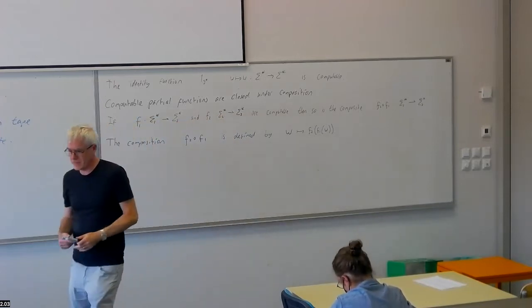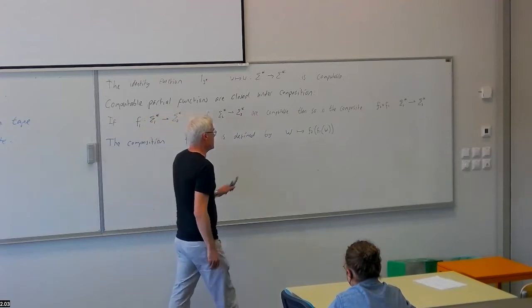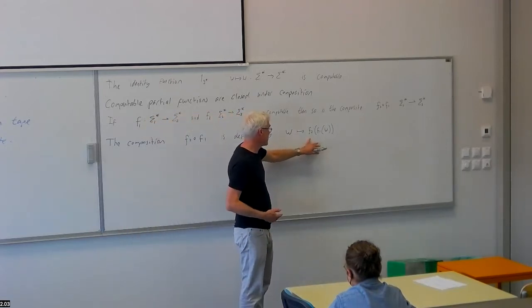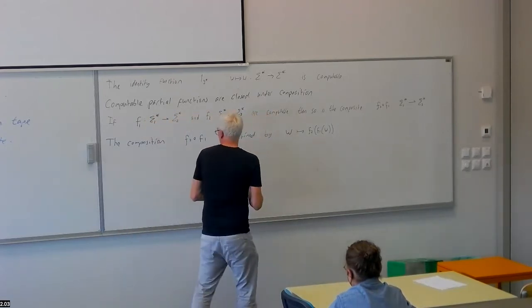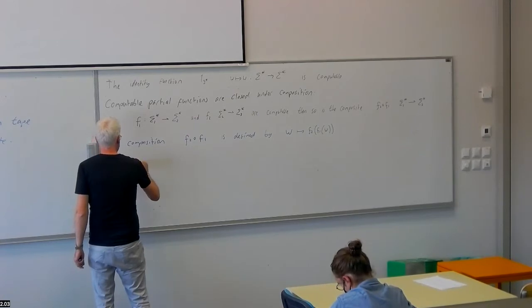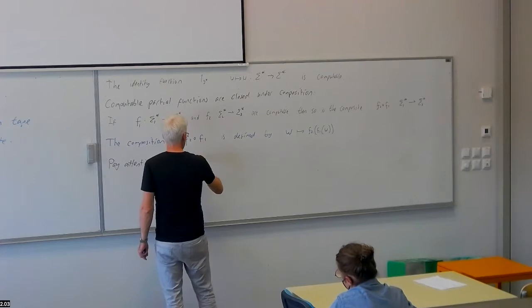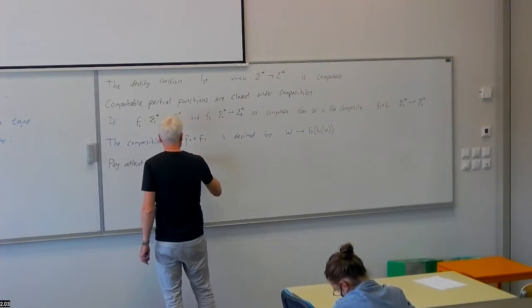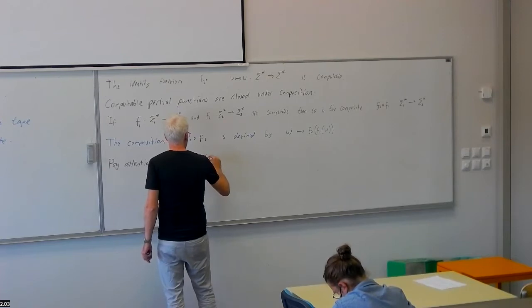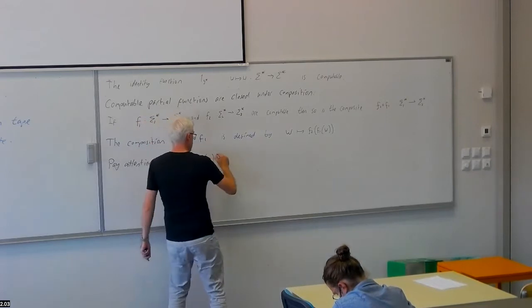We have to decide on our definitions here, and the sensible thing to do is to say no. So the point you need to pay attention to is if f2 composed with f1, the composite function applied to w, is defined.